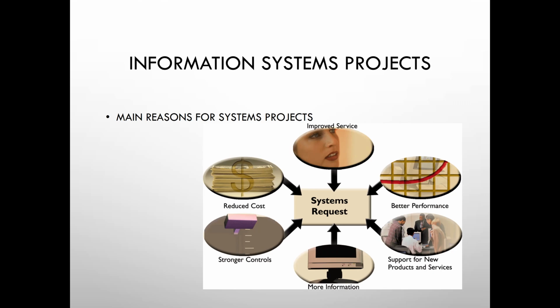Next one, support for new products and services. If the company would like to have support for new products or services, for example, in the past we had just an e-commerce website only, and right now we know that the trend of people who carry laptop computers is less and less, and also many companies allow their staff to bring their own device.